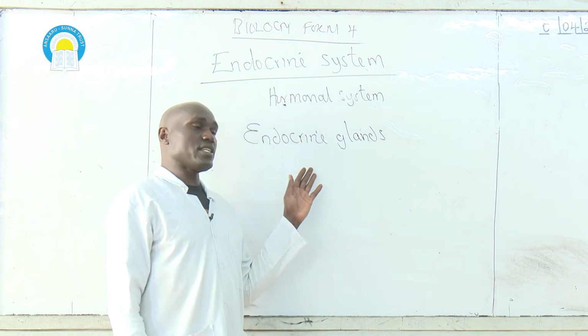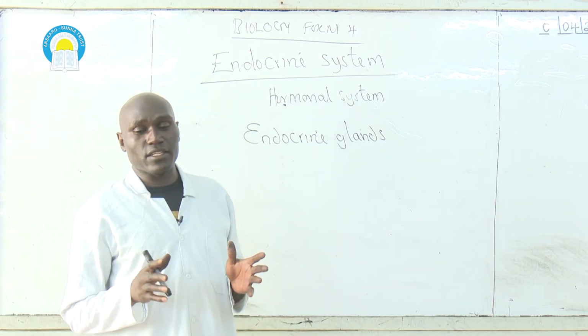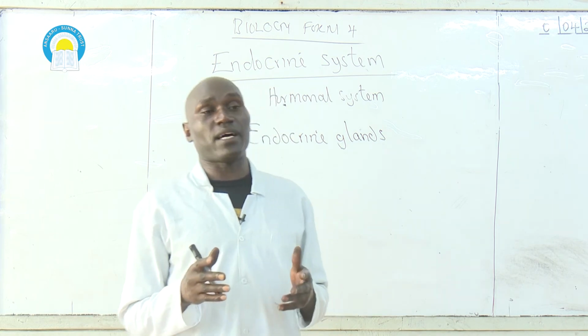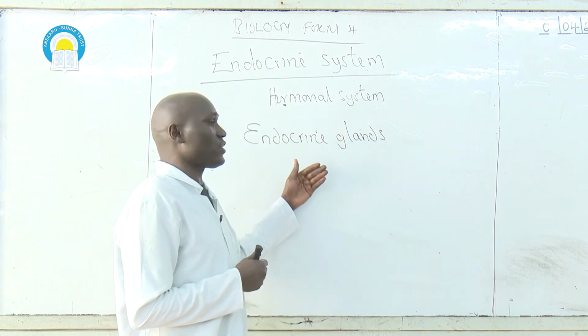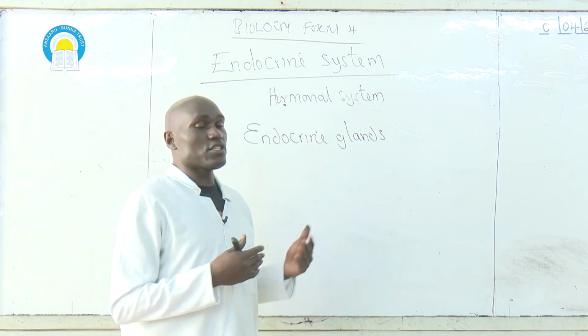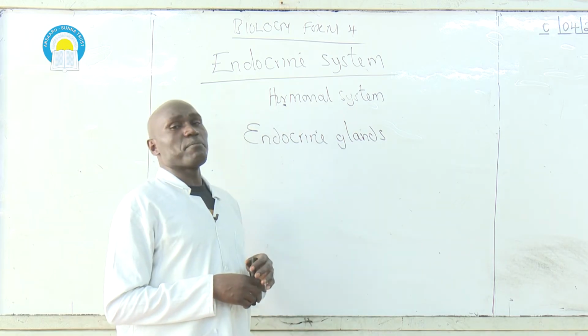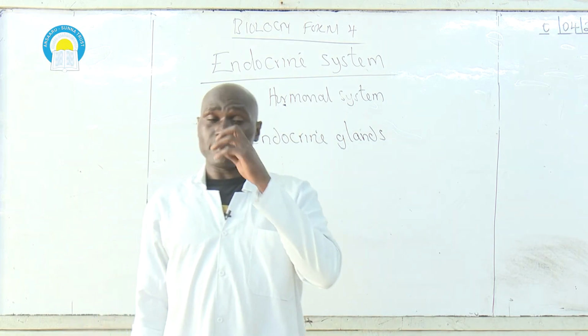The hormones that are secreted are chemical in nature and usually move by blood. So that means hormones are usually transported by blood from one part of the body where they're secreted to another part of the body where they bring about physiological changes.